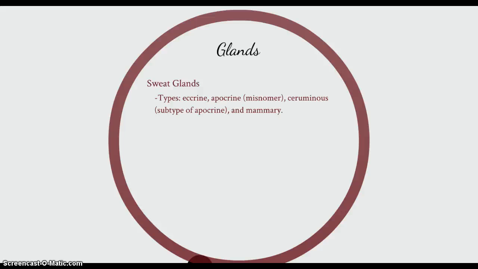So eccrine glands are found all over your body. But apocrine glands are famous for their body odor, the sweat that secretes body odor. And it's actually not your fault, not the sweat's fault. It's actually bacteria on your skin. So the difference between apocrine glands and the eccrine glands is the type of sweat that they secrete. Oh yeah, these secrete sweat. Surprise!